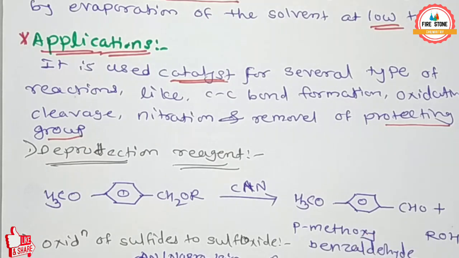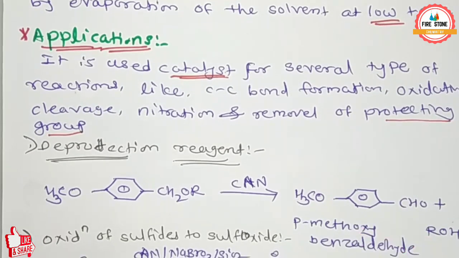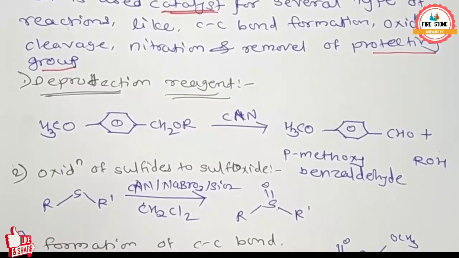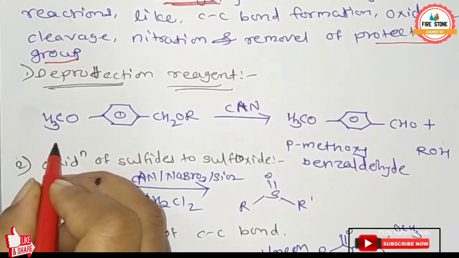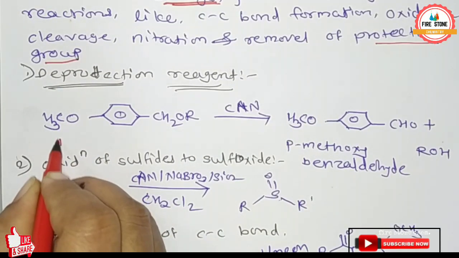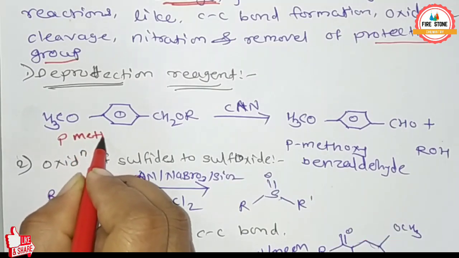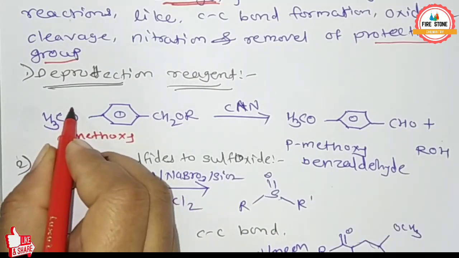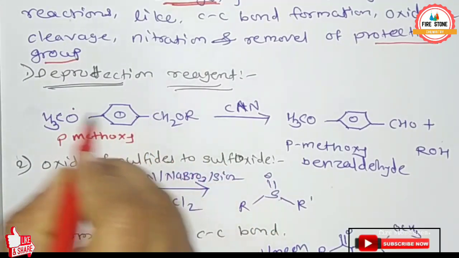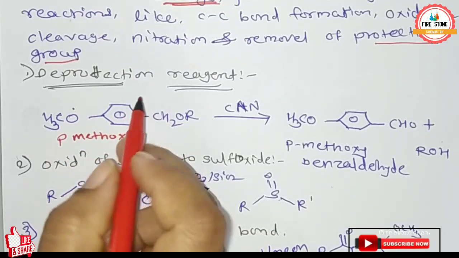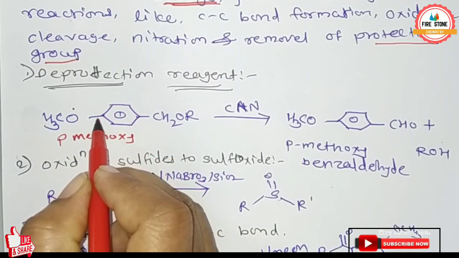First is the deprotection reagent, that is para-methoxybenzyl ether. This is the methoxy group, and this is the para position: ortho, meta, para.